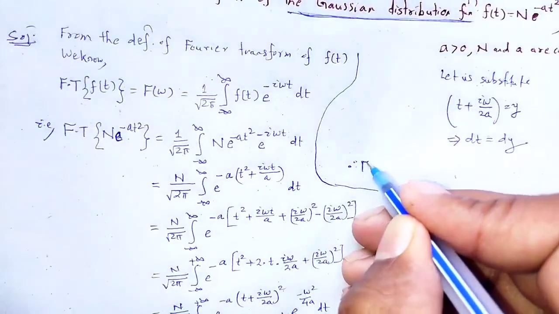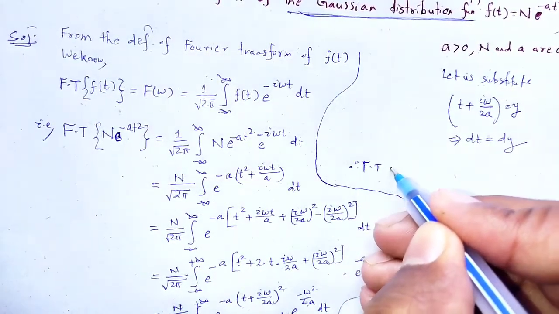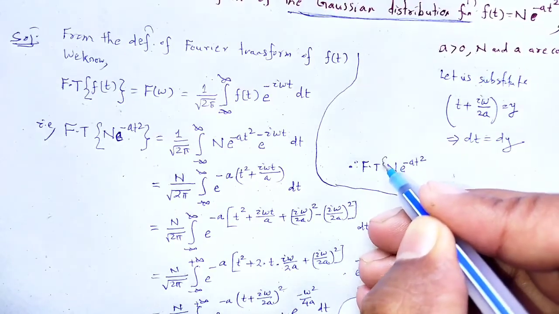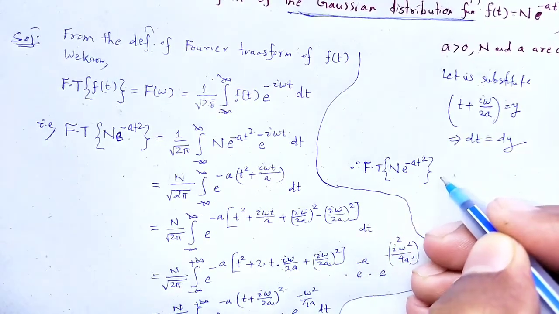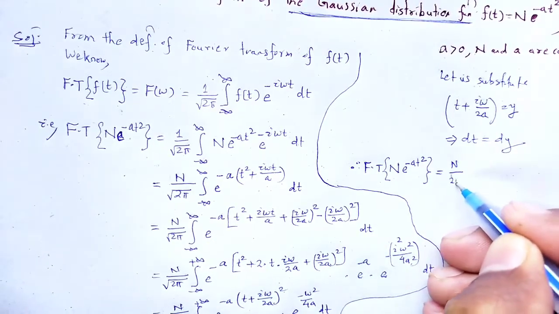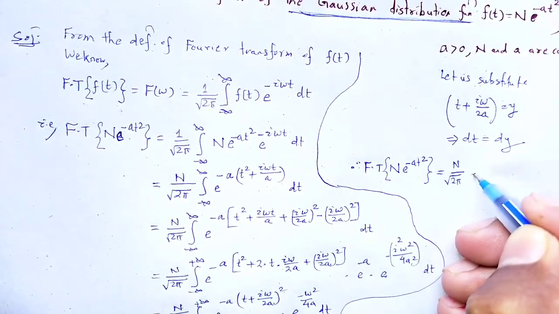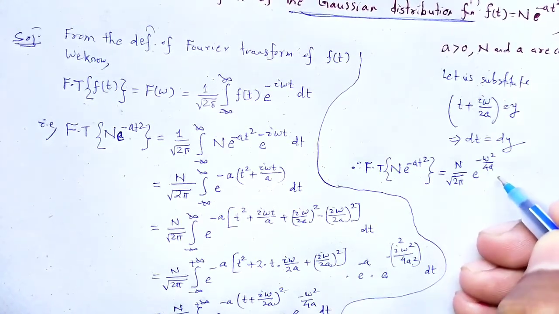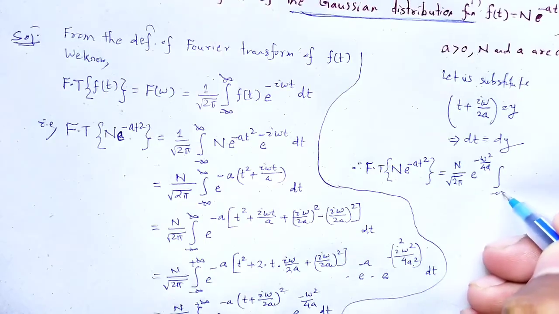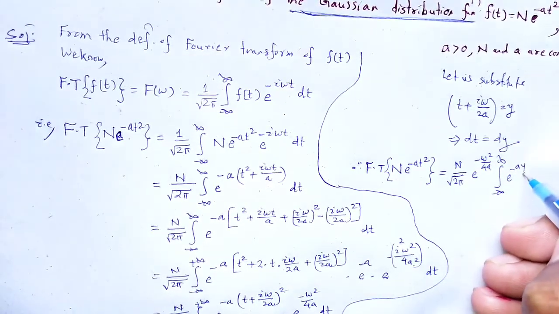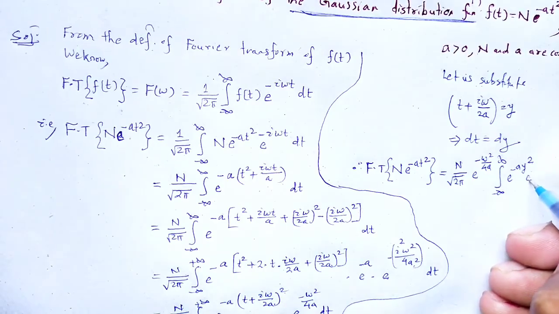Therefore the Fourier transform of n e to the power minus a t square is equal to n divided by under root of 2 pi, e to the power minus omega square by 4a, integration over minus infinity to plus infinity of e to the power minus a y square dy.